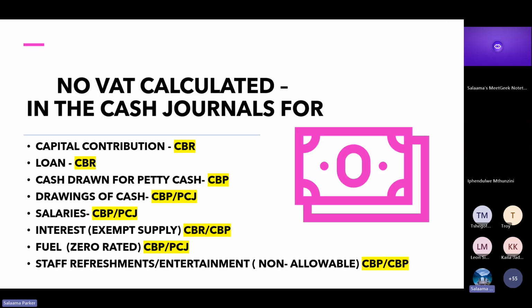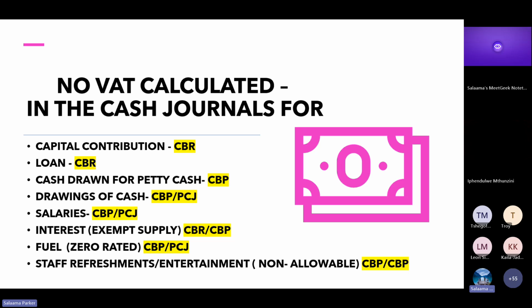Right. So please also note again just what I said earlier on, we do not calculate VAT in the cash journals for the following transactions. No VAT on capital contribution, no VAT on the loan, no VAT for money drawn for petty cash. I'm sure you remember this from question 4.8.